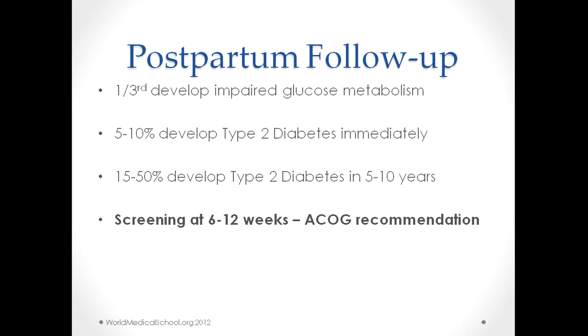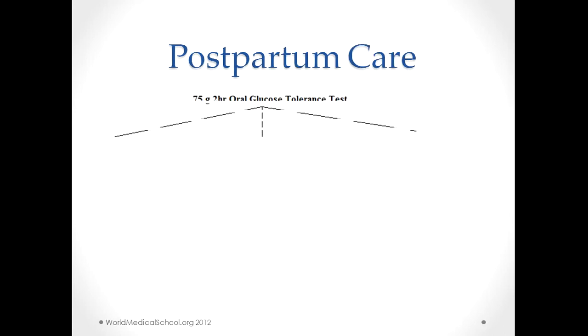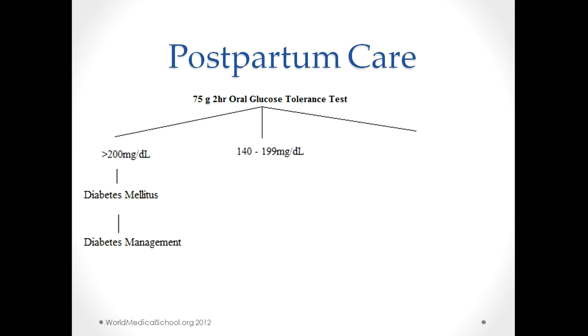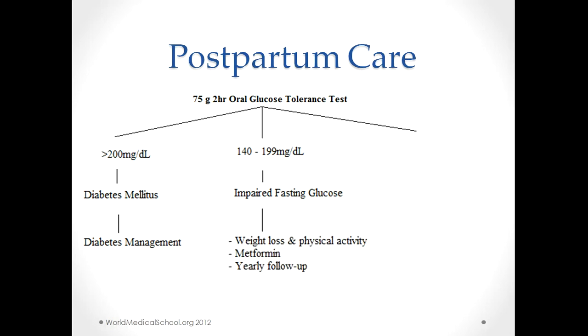And how do you do that? By administering a 75-gram glucose test and measuring glucose after 2 hours. If greater than 200, then it is diabetes mellitus, and you manage the diabetes regularly. If between 140 to 199, that means impaired fasting glucose, and you need to encourage weight loss and physical activity.